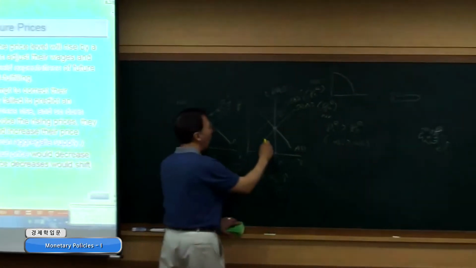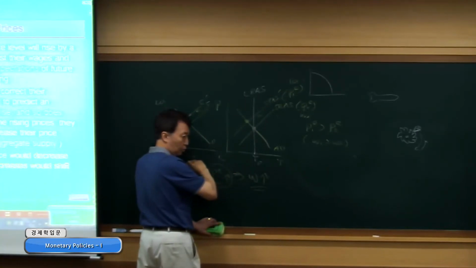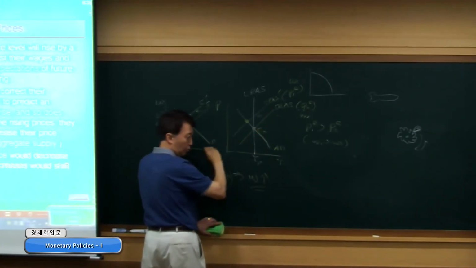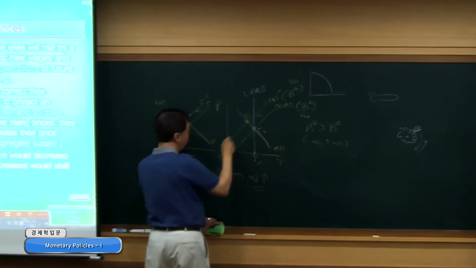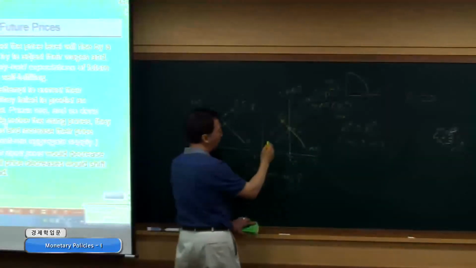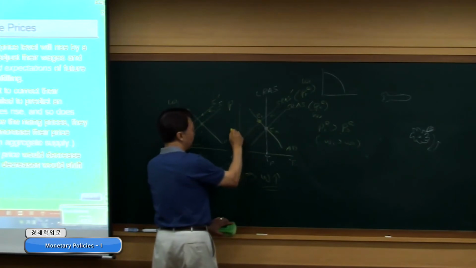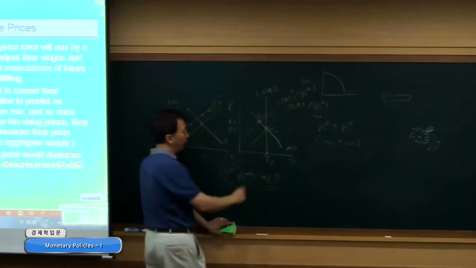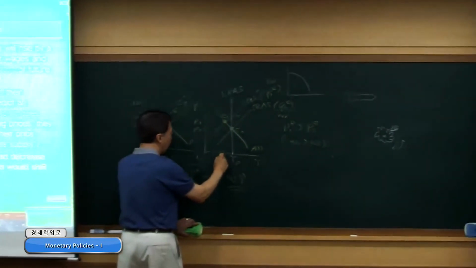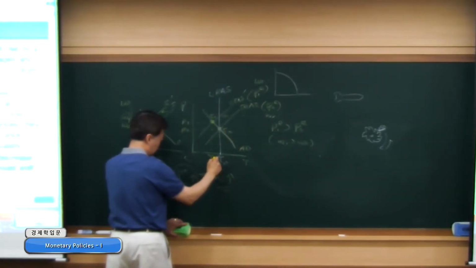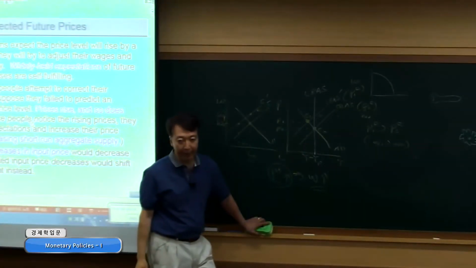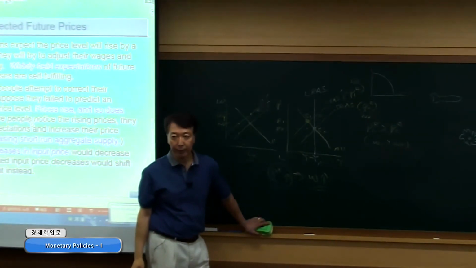The economy is going to move from the initial equilibrium to a new equilibrium here, and price level will rise and output will decrease. Output and employment and income all will decrease.